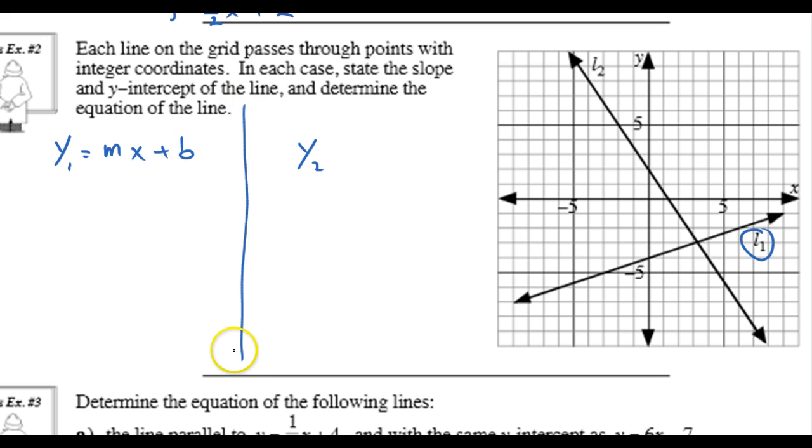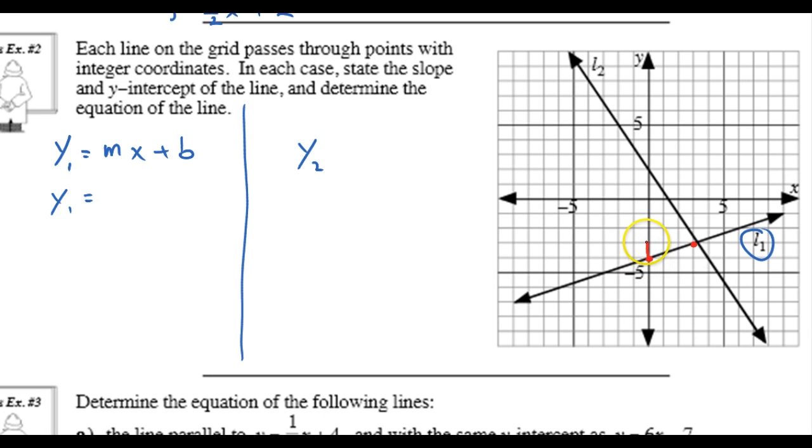I just want to get the slope first, and we remember from last unit that you can get your rise over run. I first need to get 2 points so I can calculate the rise over run, so I'll take right there and right there. You can use any 2 points because the slope is the same all along the line. So let's go rise over run.